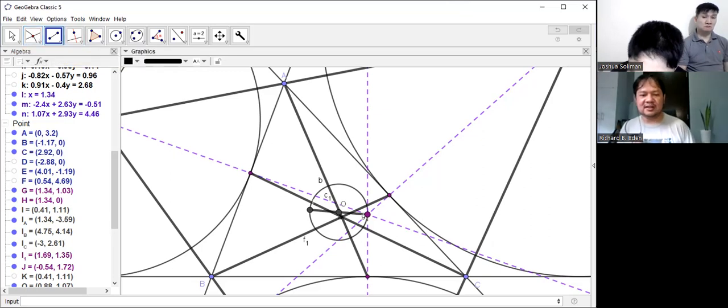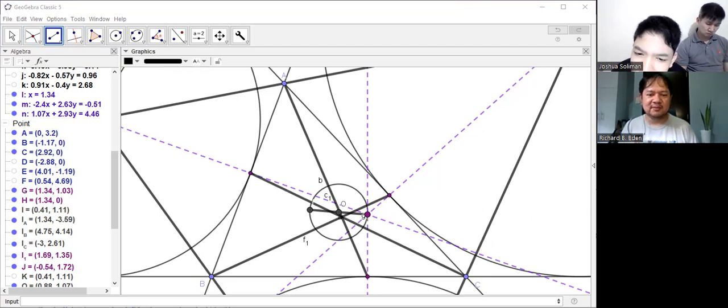Pero ano nung isang statement na nakita natin, the BEVAN point is equidistant from the isang property. Hold on. The Longchamp's point and the ano po, and the NAGEL point. Wait, the BEVAN point and the in-center are equidistant from the Euler line.